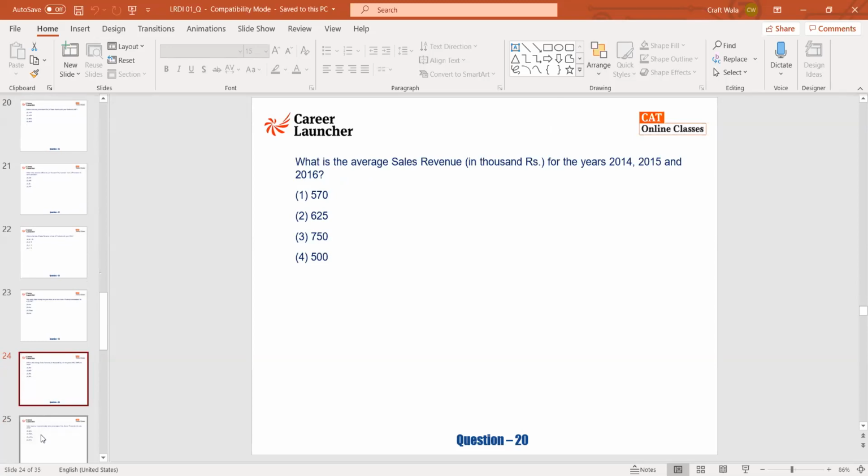What about 20th? What is the average sales revenue for 14, 15, and 16? I think it should come 625 or something. Yes. Next, sales revenue is approximately what percentage of cost of production in the year 2018? 152, yes.